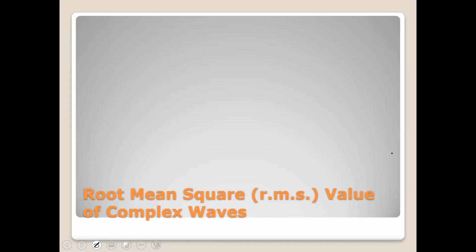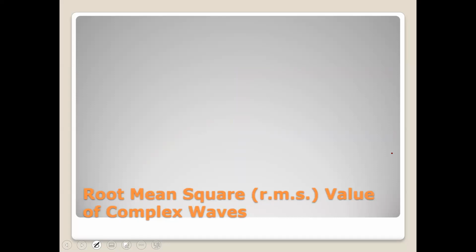So in AC circuits, we said that unless otherwise specified, we should always state the values that we give for the AC as the RMS value. And we know that it is the RMS value that we use to do our calculations. So we have to therefore know how to determine the RMS value of these complex waves. And that's what we're going to be looking at now.